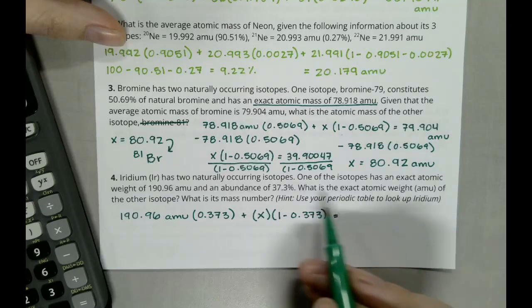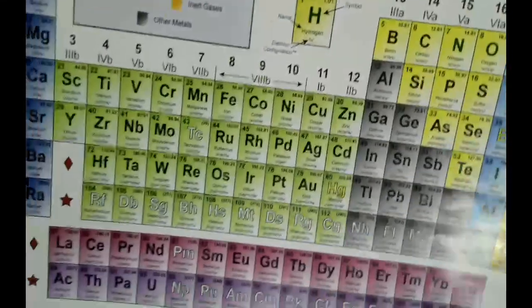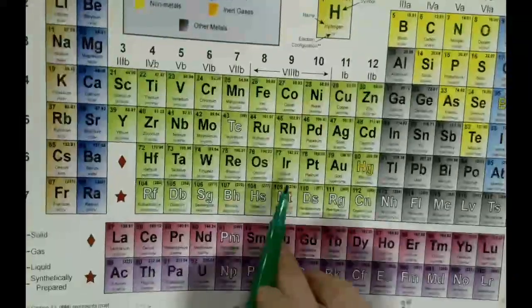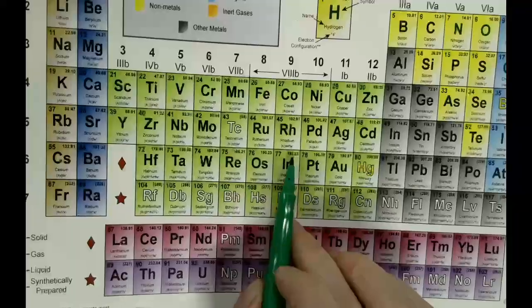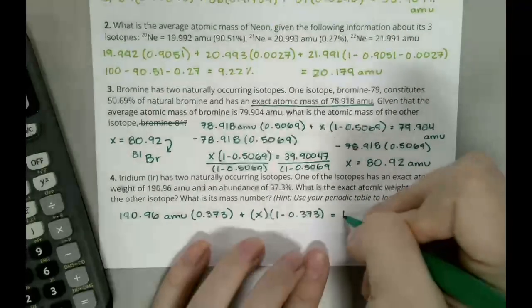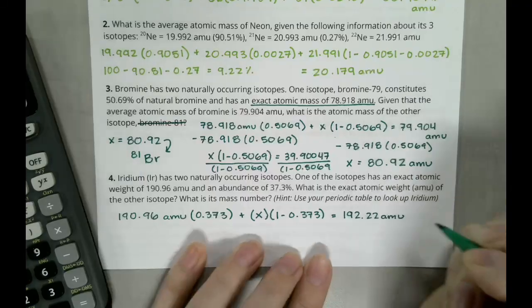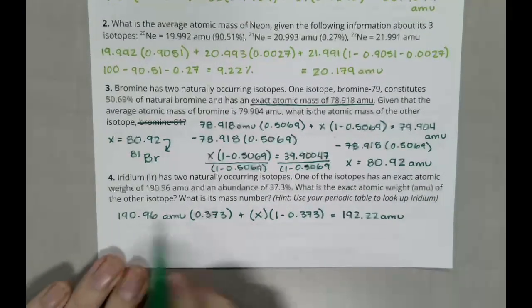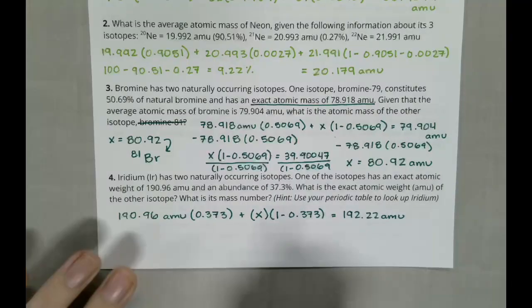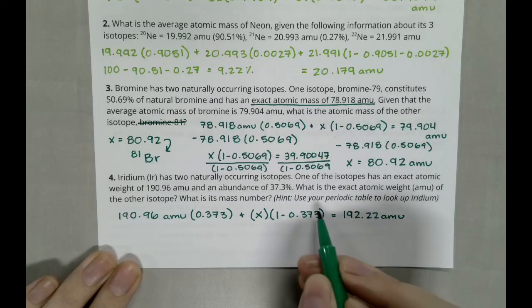Now, they didn't give us the atomic mass, but there is a hint. Use your periodic table to look up iridium. So here we go. Where's iridium? Here it is. And the atomic mass here is 192.22 AMUs on average. All right. So we're solving this the exact same way we solved the last one. We're going to subtract this from both sides, then we're going to divide by this chunk.